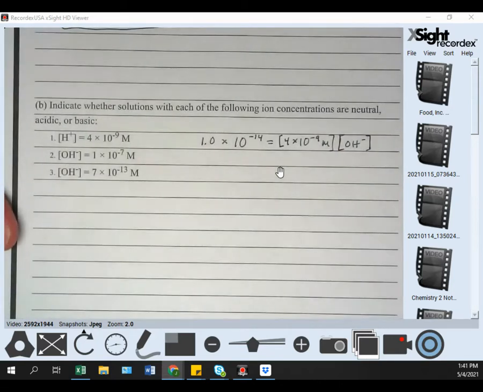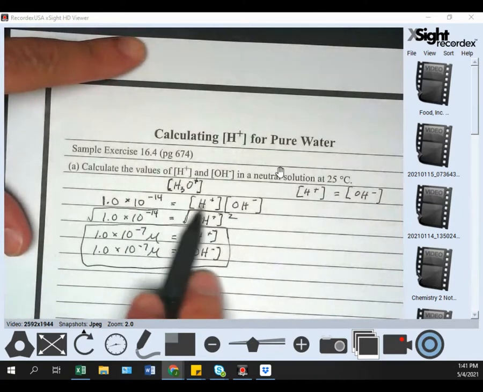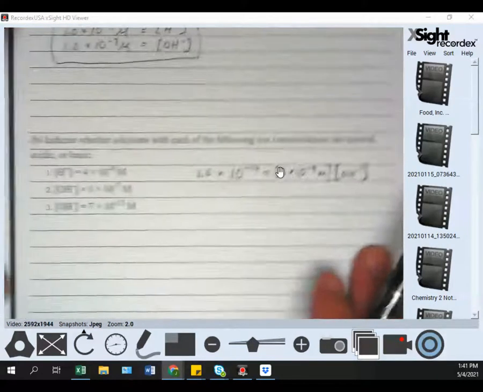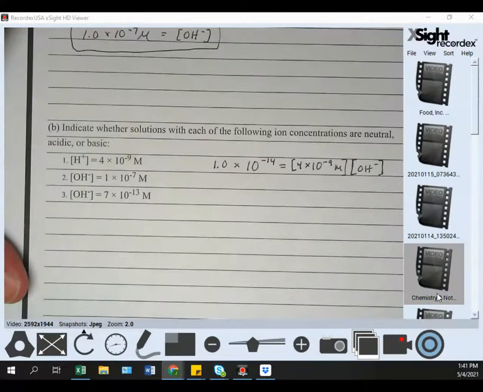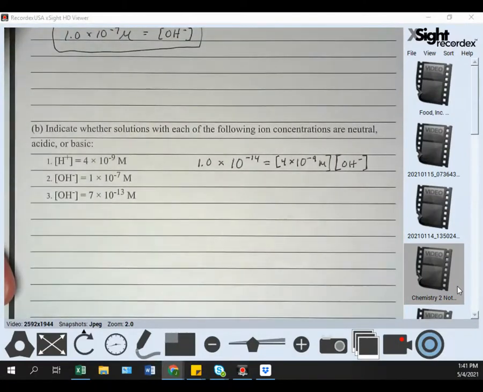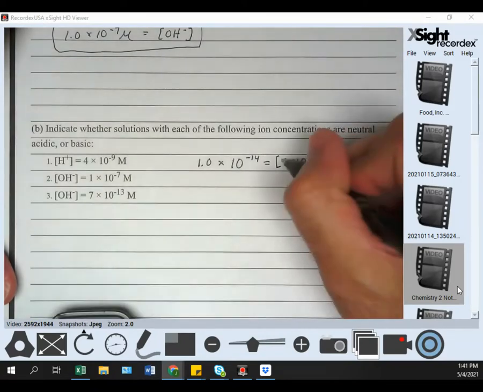So all I'm doing is I'm using this right here, and I'm substituting in the hydrogen that they gave us. Everybody good with that so far? Okay. Then you just solve this. So you would divide, and well, there is a 4 there, so let's see.